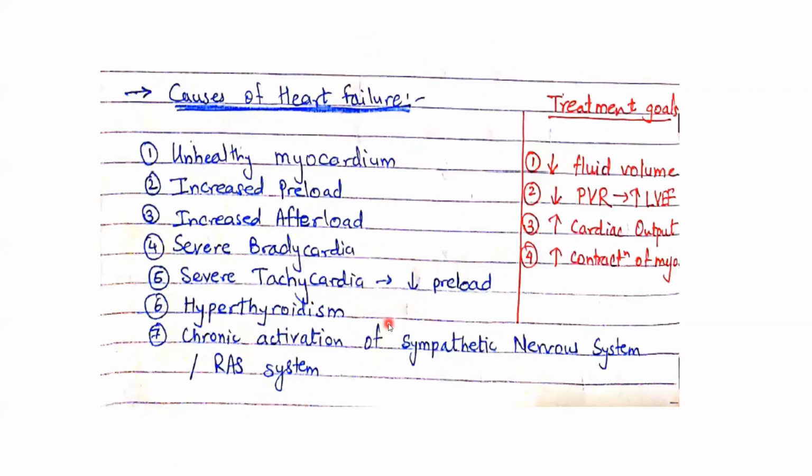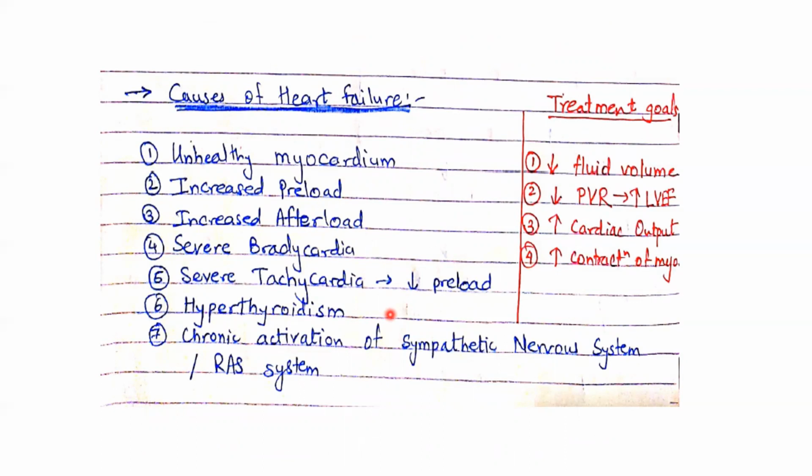Okay. Hyperthyroidism. What is hyperthyroidism? Increased level of thyroxine in your blood. Major outcome of hyperthyroidism is increase in basic metabolic rate of the body. When increase in basic metabolic rate of the body is there, it will increase the oxygen consumption of the body.